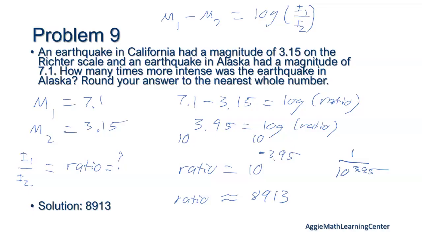So the ratio would be some decimal, about 0.0002 times as intense, meaning it's actually less intense.